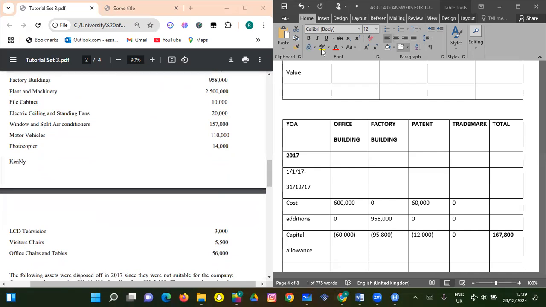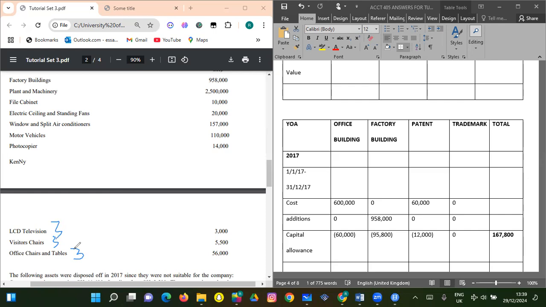So for pool 3 assets, we will have office chairs, visitors chairs, television, photocopier.